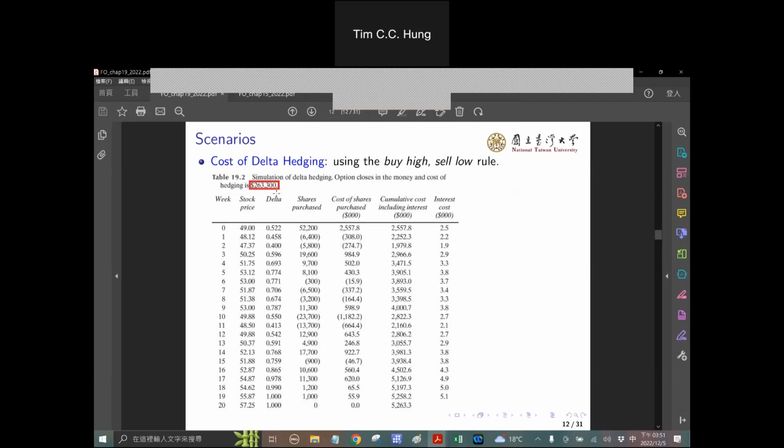Every day, I think maybe thousands or tens of thousands of option trades within a day. So it's just not possible for people to do it at higher frequencies. That is the case, and you can see the change of the delta follows the change of the underlying asset's price.